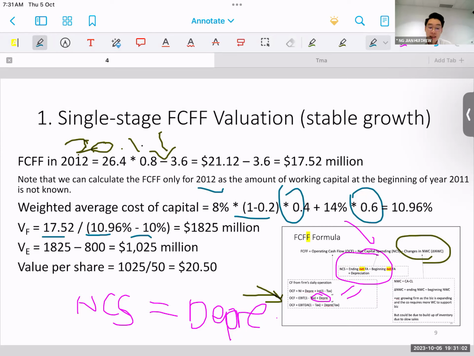All right. I want you to notice something. Why did we not multiply by 1 plus G? Anyone knows? How come we can just take this FCFF divided by the WACC minus G? How come we didn't multiply by 1 plus G again?